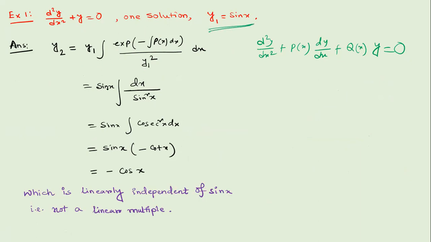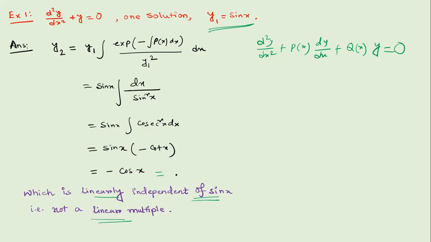So y1 is sin x, times the integral of exponential of minus integral p of x dx. P of x is 0, so exponential 0 is 1, so this becomes the integral of dx by y1 squared. Y1 squared is sin squared, 1 over sin squared is cosec squared, and the integration of cosec squared is minus cot, right? So sin x into cot x is minus cos x, which is linearly independent of sin x.